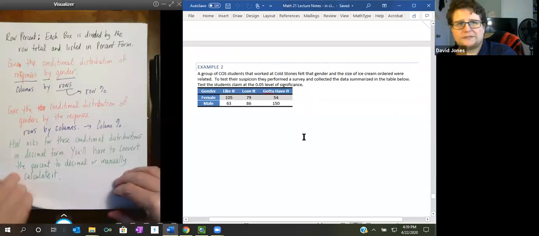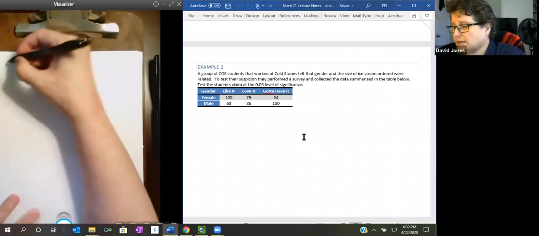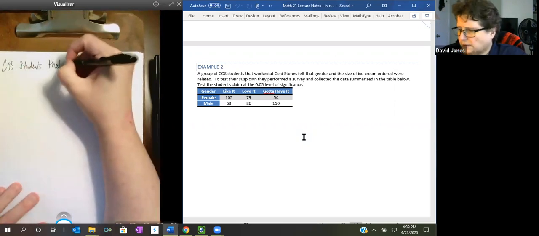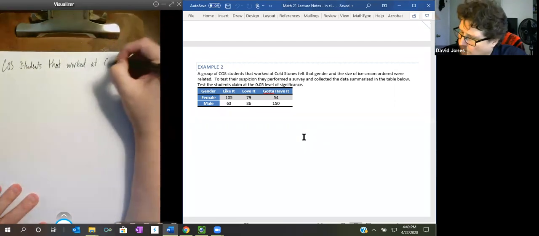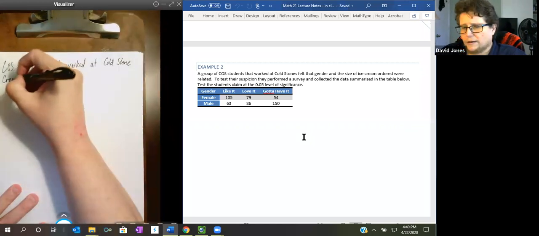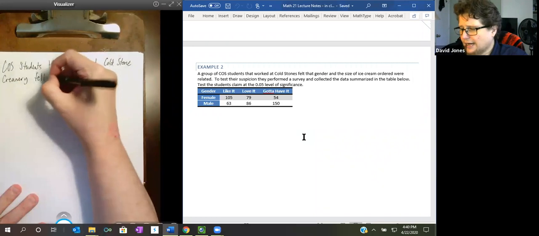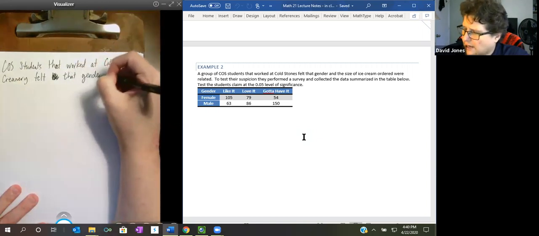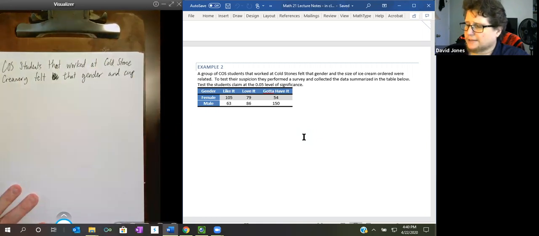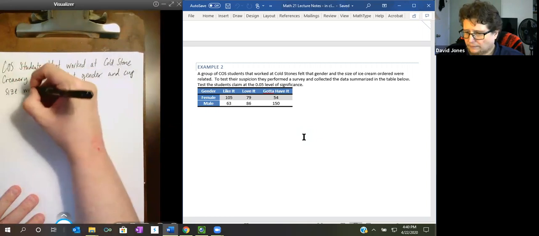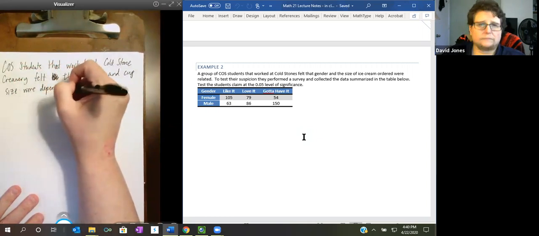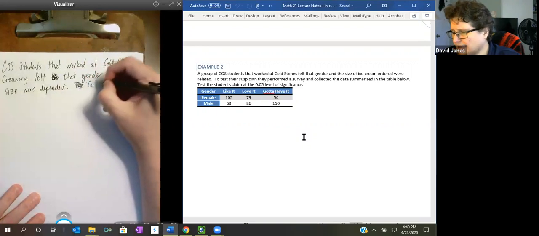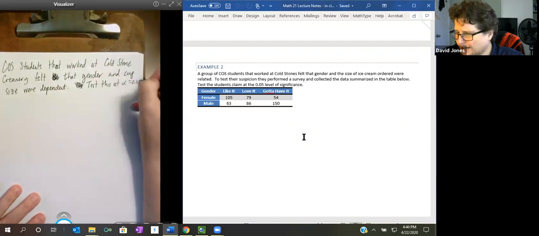So the next example, a group of COS students that worked at Cold Stone Creamery felt that gender and scoop cup size were dependent. Test the claim at alpha equals 0.05.